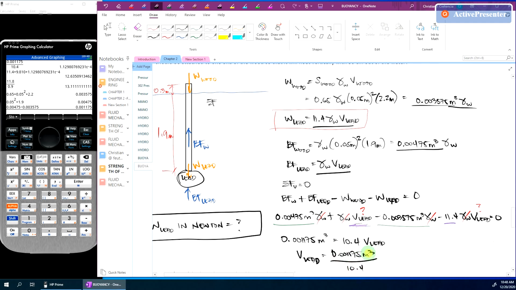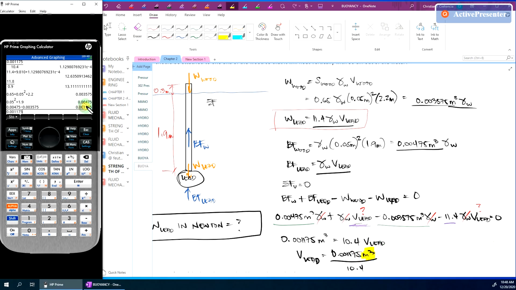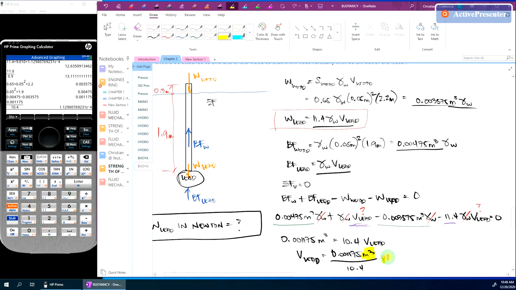So, tama lang na naka cubic meter. Okay, so let's divide this by 10.4. Okay, so this is equal to 1.1298 so on times 10 raised to negative 4 cubic meter.